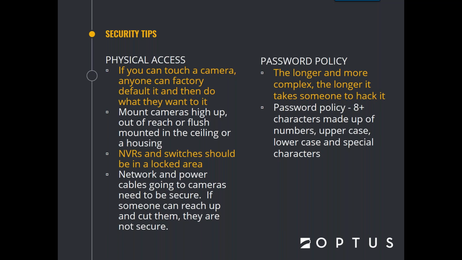If you can touch a camera, anyone can factory default it if they want to. You need to mount cameras high up out of reach, or flush mount them in a ceiling or housing. NVRs and switches should be in a locked area. If someone can get to your NVR, they can do whatever they want with it.